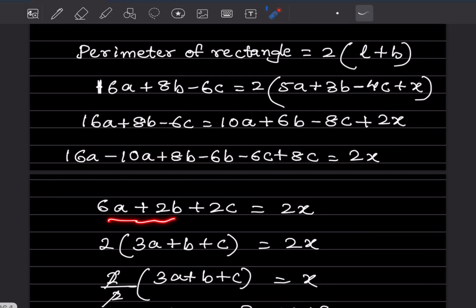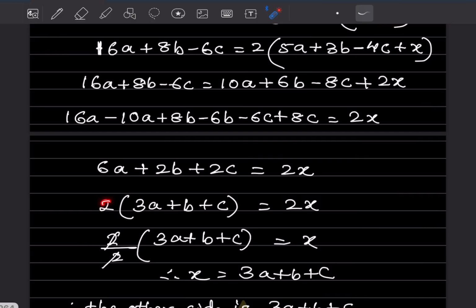So now what you can see here, this is 1, 2 and 3 terms. So from this one you can take common 2. Common 2 means inside is going to be 3a, so 2 into 3 is 6, then b, and c. So let us keep this as it is.